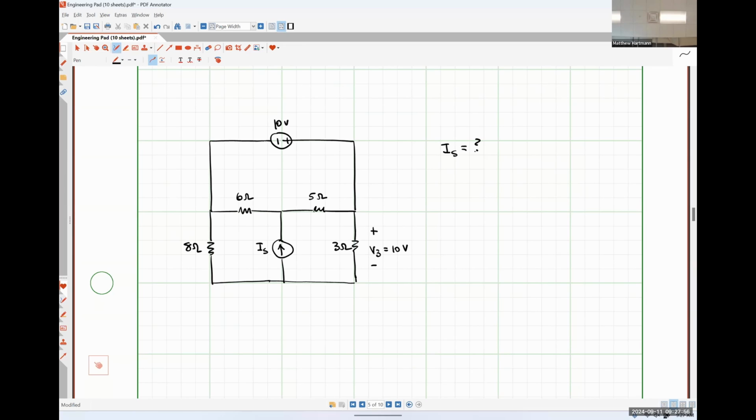So this is kind of flipping the script, making us think about things a little bit backwards, in as much as instead of trying to find either the voltage drop across a resistor or the current flowing through a resistor, we're now trying to figure out what our source is doing.